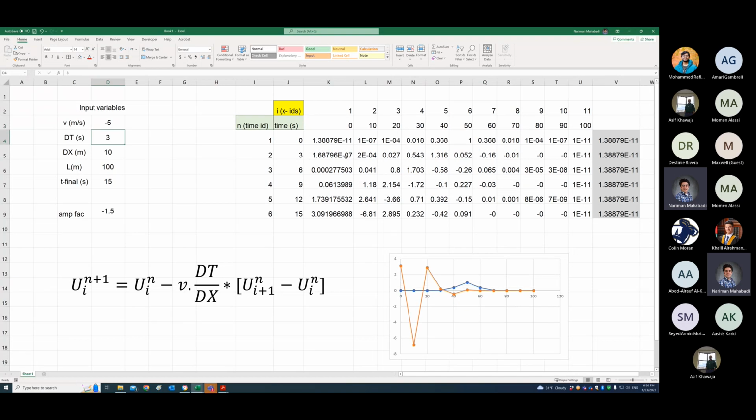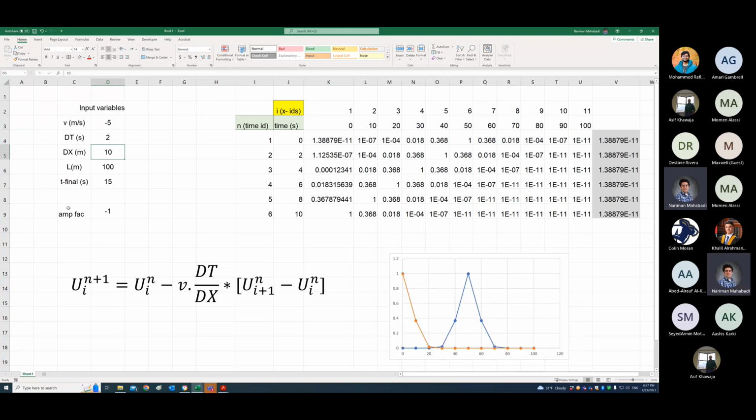If I put this as -5, my amplification is 1.5. So you see a lot of disturbance in the system. This is not converging. But then if I decrease delta t to 2, my amplification factor is 1, the absolute value.